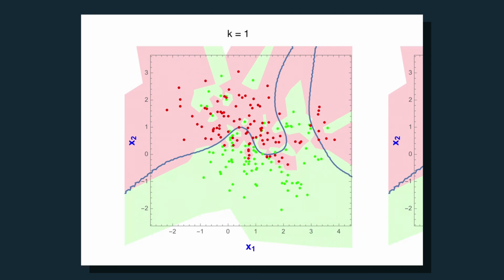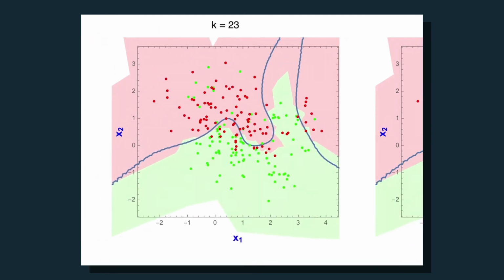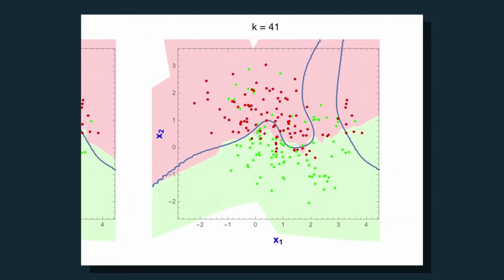If you go to too high of a k, like let's say in this example k of 41, which means to label a class as red, I want the majority of its 41 closest neighbors to be red. Notice that now all of this noise is gone. These guys cannot actually affect the result, because for any query point in this region, only 1 or 2, or at most this many of those neighbors would be green, but most of them would be red.